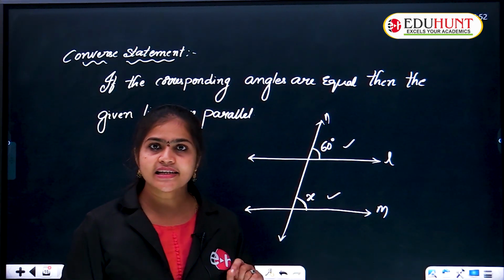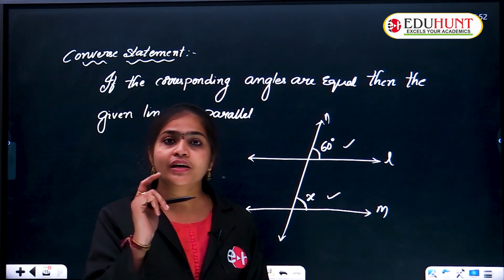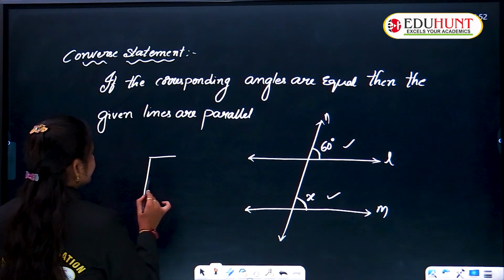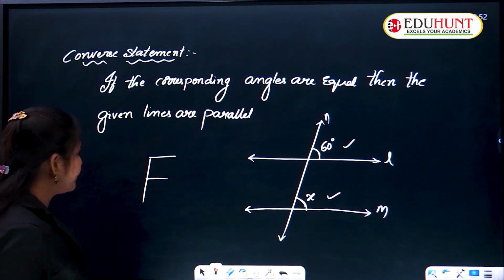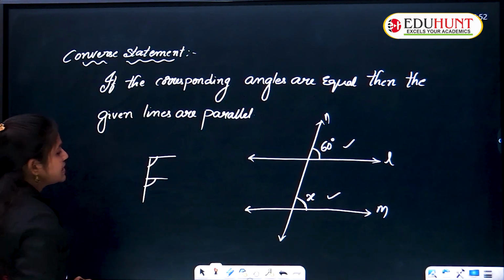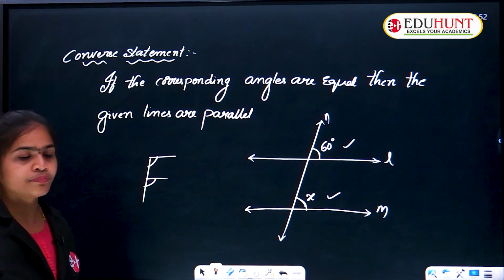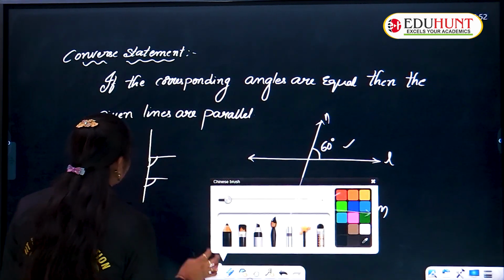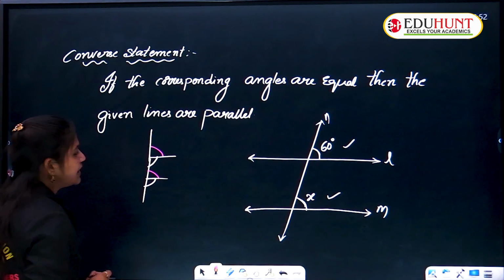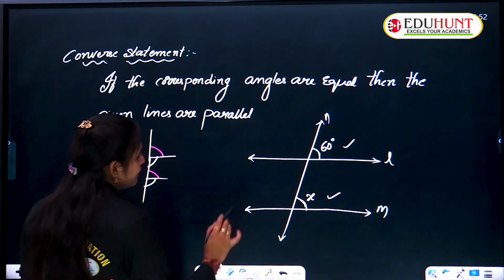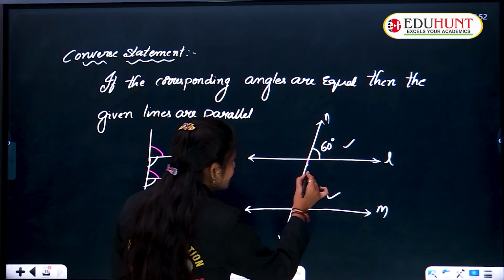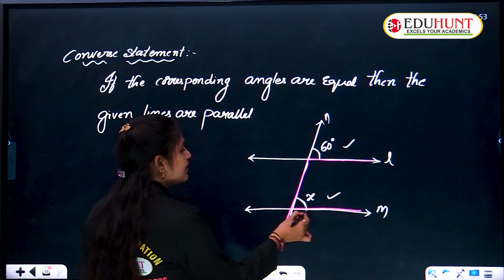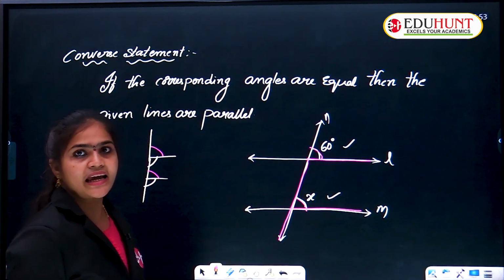For alternate angles, I told you the letter Z. For corresponding angles, the letter is F. Here these two angles are corresponding angles. If you extend this, then this angle and this angle are corresponding. Here we can observe the F shape. Then these two angles are corresponding angles.